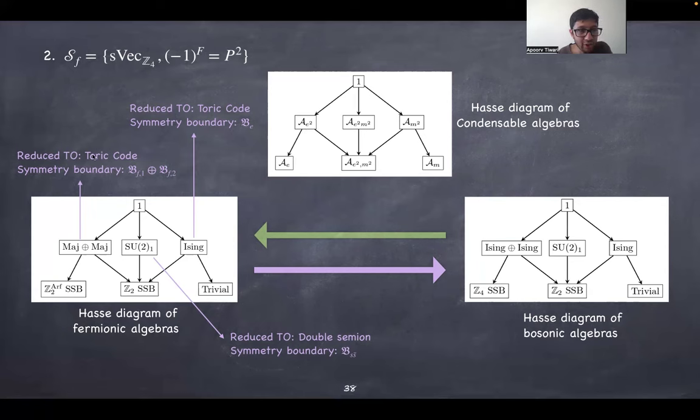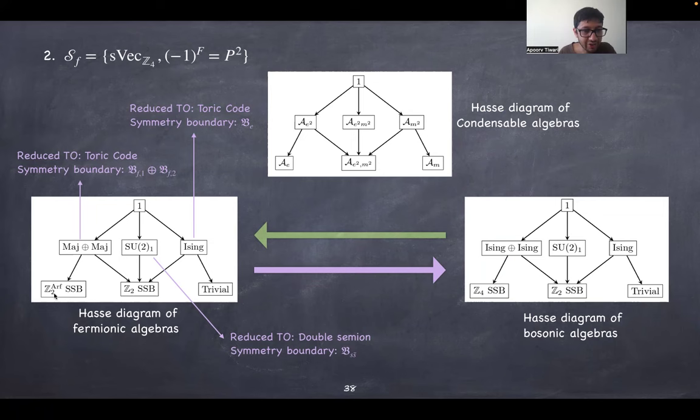The reduced topological order is the toric code. And the symmetry boundary after slamming this interface implemented by this non-maximal algebra decomposes into two fermionic symmetries, BF1 plus BF2, which are both the fermionic boundaries of toric code.